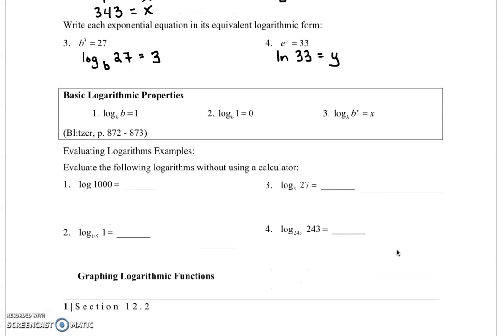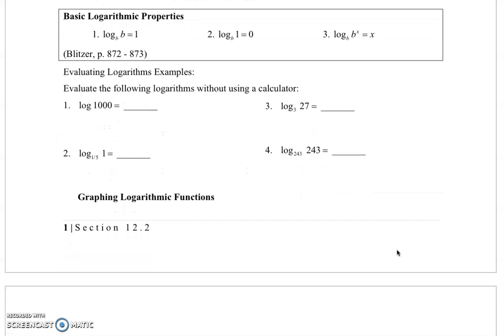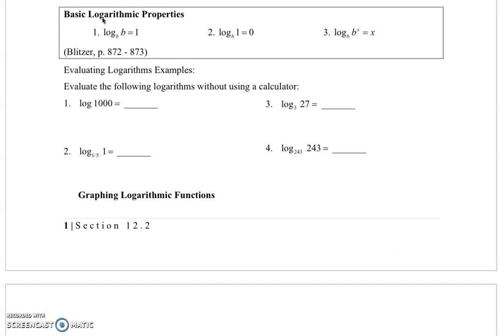So let's look at some basic properties of logarithms now. The log base b of b always equals 1. That makes sense because if we turn that into an exponential equation, we say that b to the first power equals b, because we never write the exponent when it's a 1.